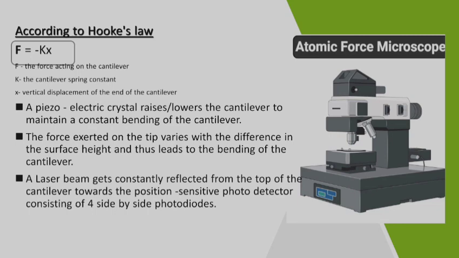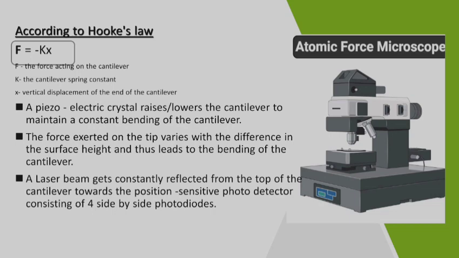According to Hooke's law, force is equal to minus kx. F is the force acting on the cantilever, k is the cantilever spring constant and x is the vertical displacement of the end of the cantilever. As I said before, a piezoelectric crystal raises or lowers the cantilever to maintain a constant bending of the cantilever.